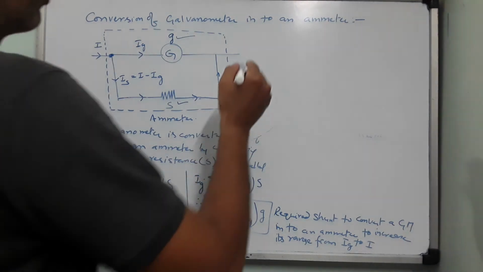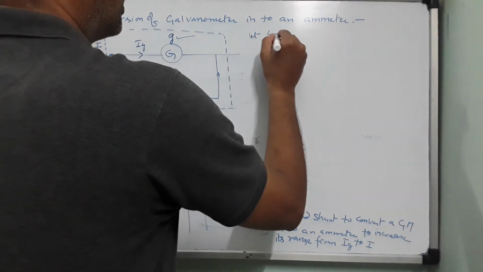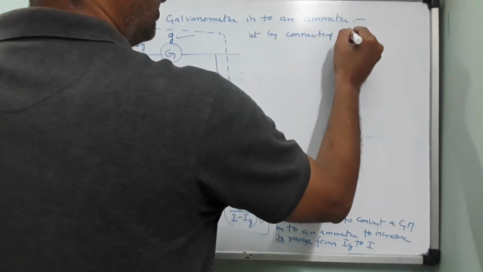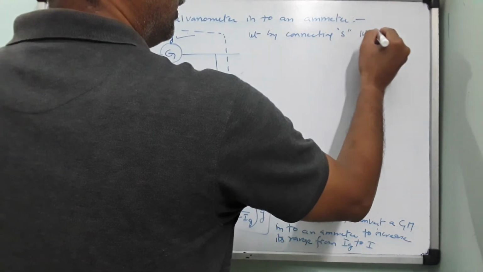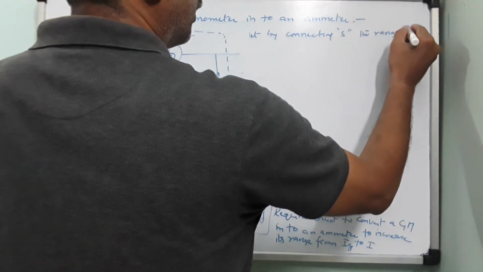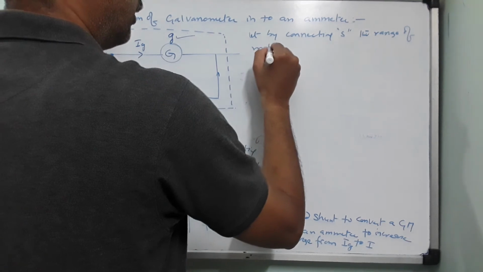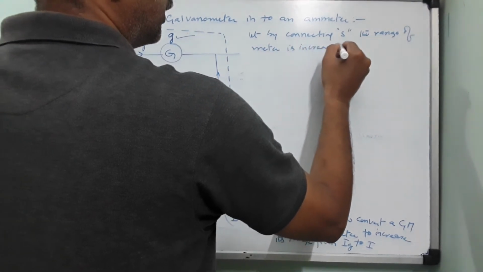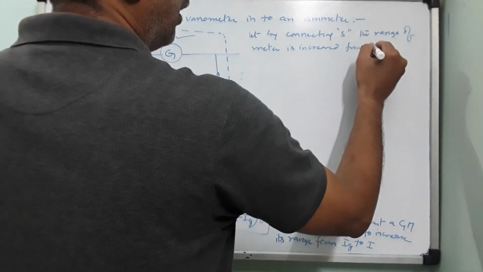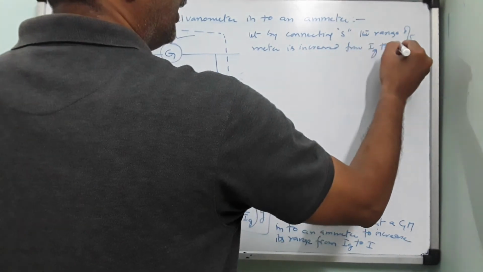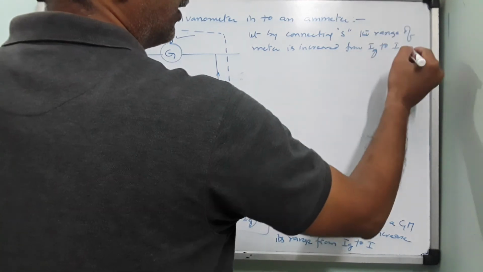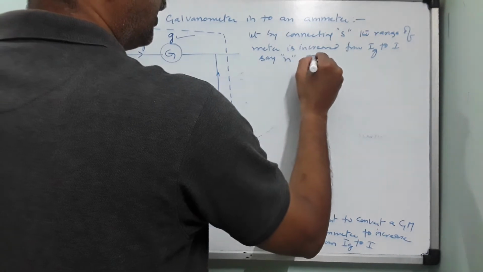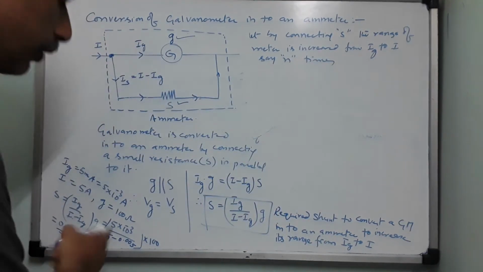So by connecting S, the range of meter is increased from Ig to I, 5 milliampere to 5 ampere, say n times. Here 1000 times.